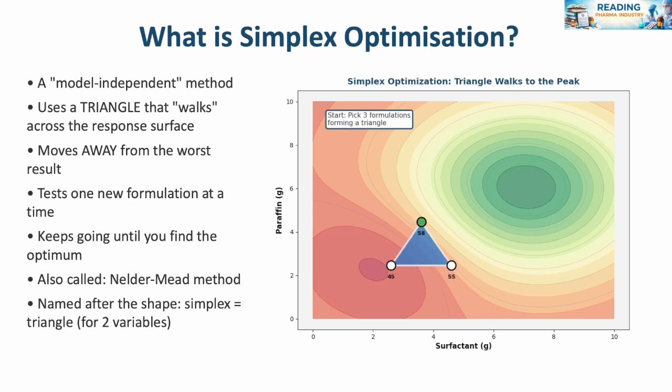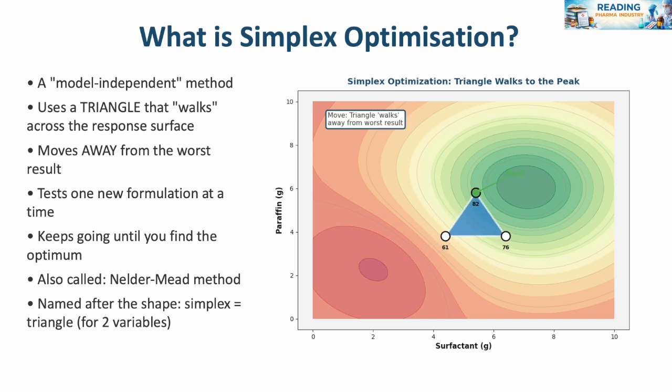What changes is the use or the prediction of the optimum value. So before, we used the linear regression, for example, to find the optimum value, and then we drew contour plots. In the model independent method, we use a triangle that kind of walks across the response surface.